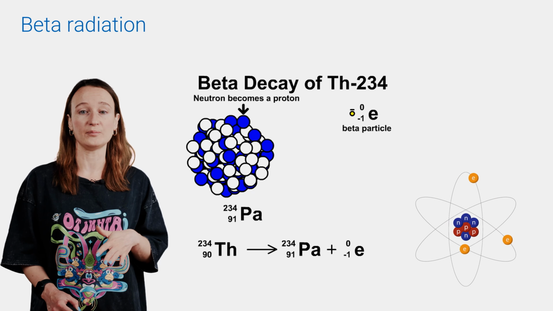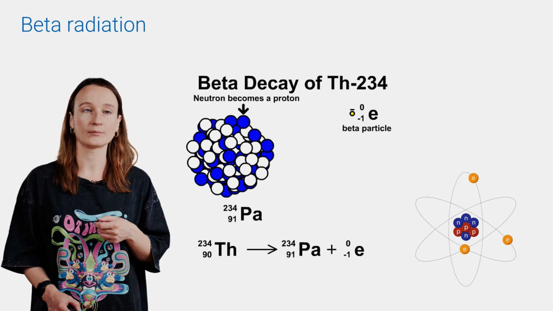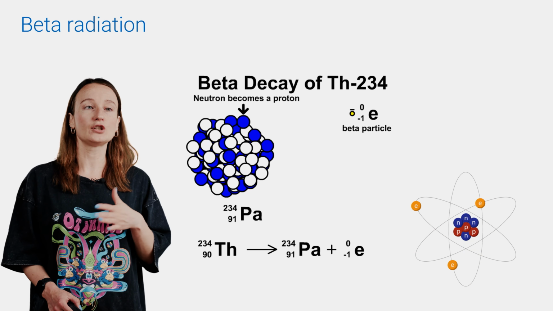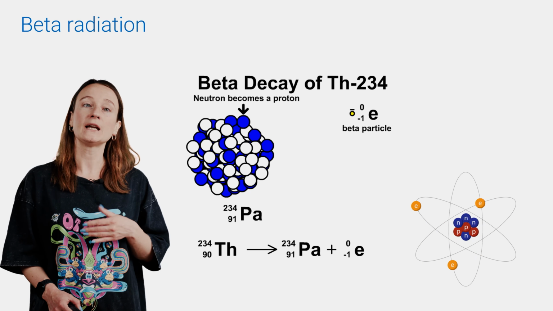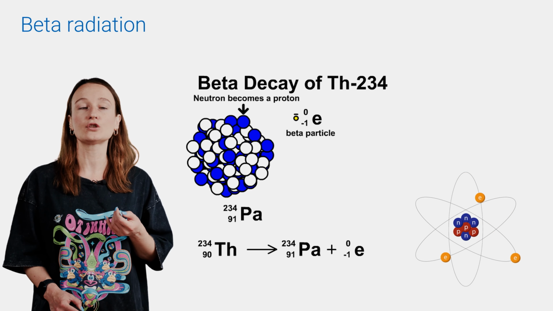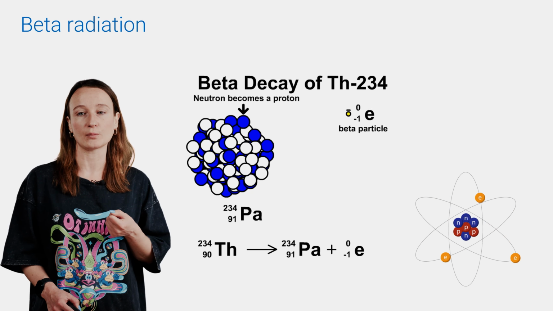The energy of beta particles fluctuates significantly. This is explained by the fact that during each beta decay of radioactive nuclei, the energy generated is distributed between the daughter nuclei, beta particles, and neutrinos in different proportions.